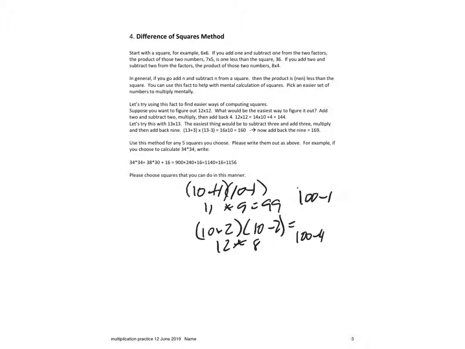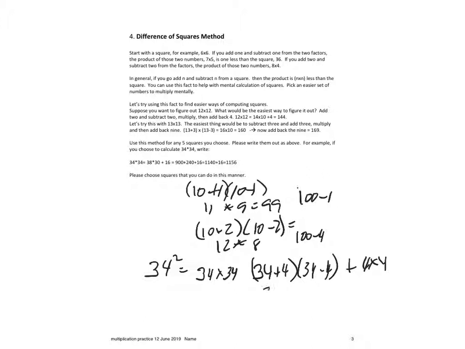So let's do, for example, 34 squared. So 34 squared equals 34 times 34, but we want to make it easy, so we do it as 34 plus 4, 38, 34 minus 4, 30, but we're going to go down 4 times 4, it'll be 16 smaller.